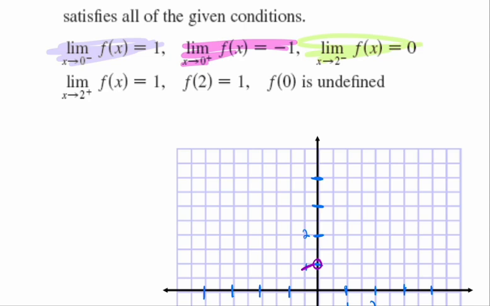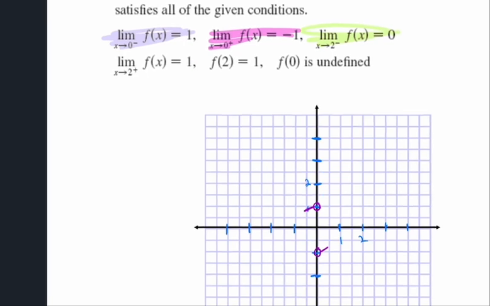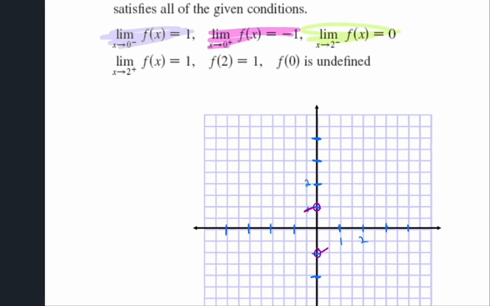So again, I'm just going to go like this. Okay. As I head to 2 from the right, my next thing says that as I head to 2 from the right, I am going to a height of 1.